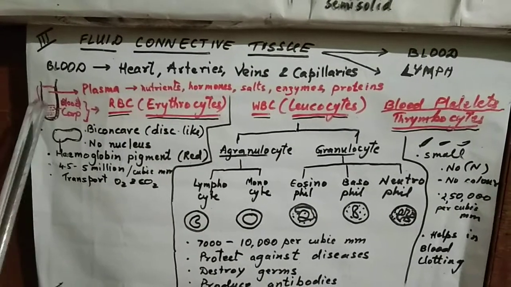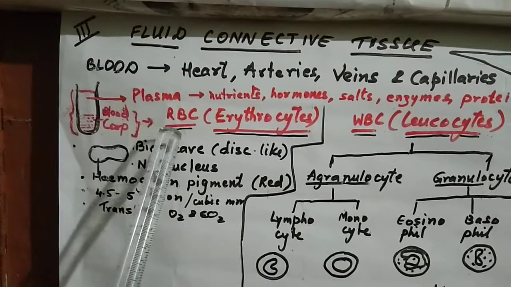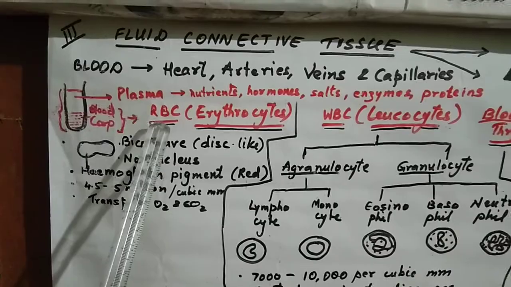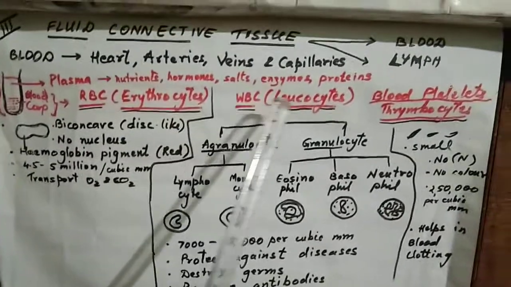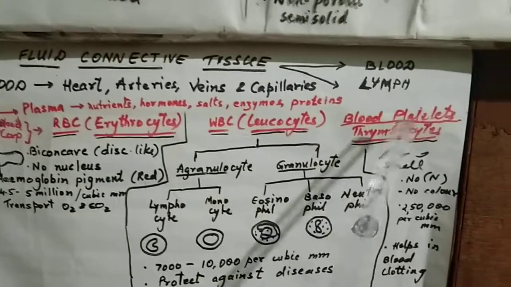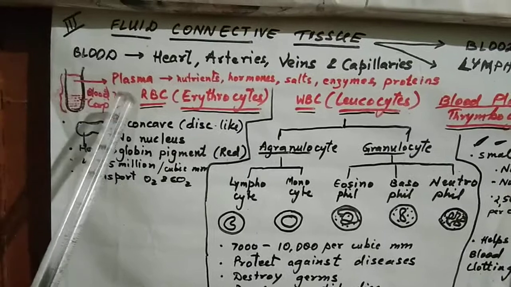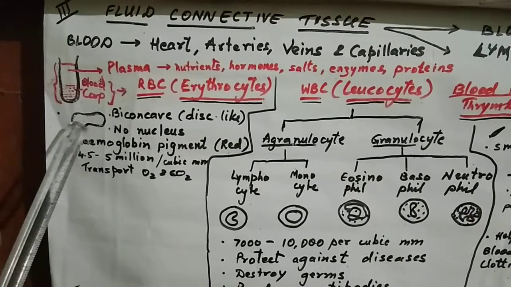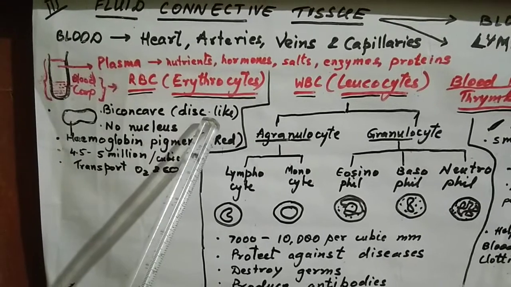The dark part, the cellular part, is called blood corpuscles. You know there are three types of blood corpuscles in us: RBCs called erythrocytes, WBCs called leukocytes and blood platelets called thrombocytes. Let us see what RBCs are. RBCs are generally biconcave in structure, that is disc-like.